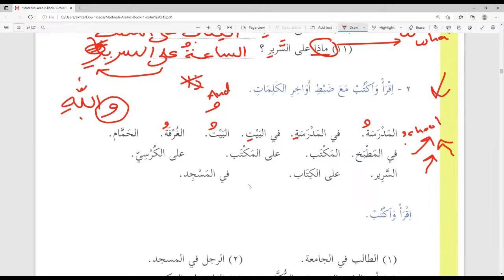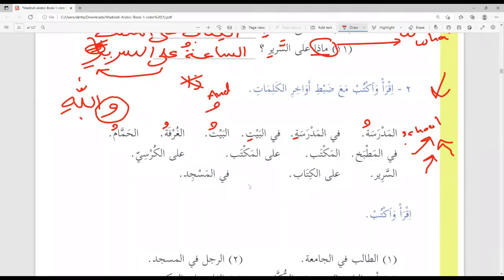Next one. عبد القادر. الحمام. ما معنى الحمام؟ Bathroom. نعم.